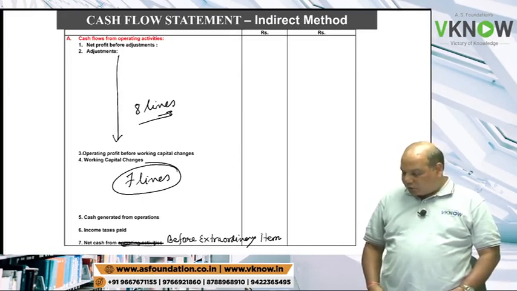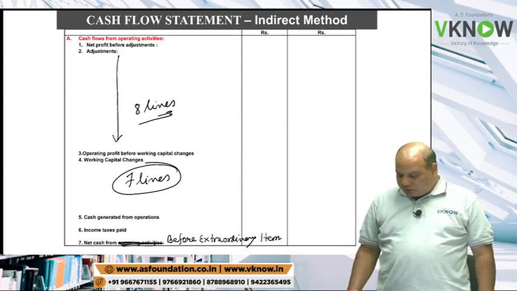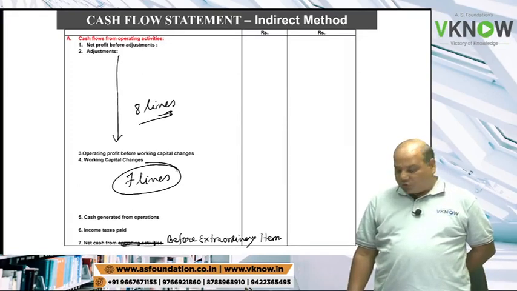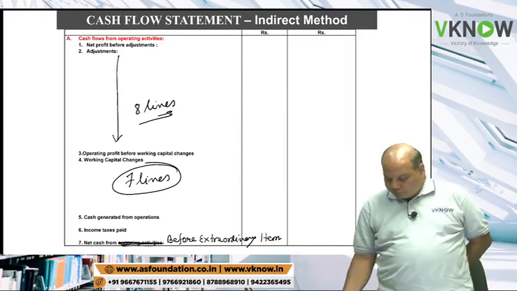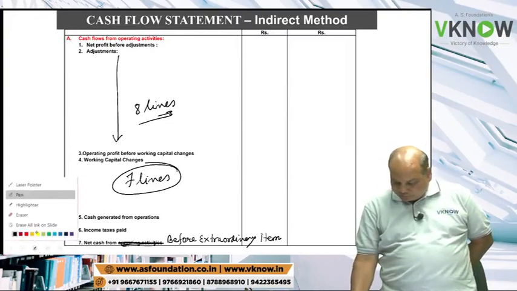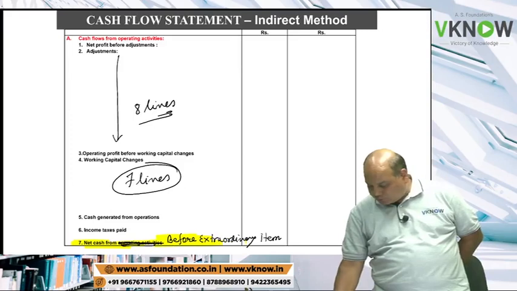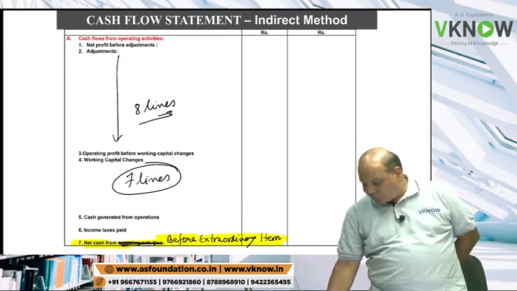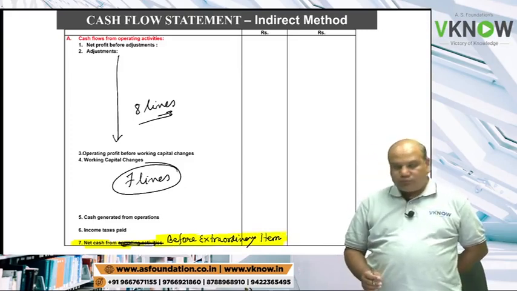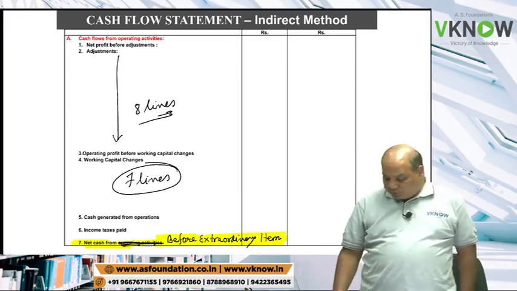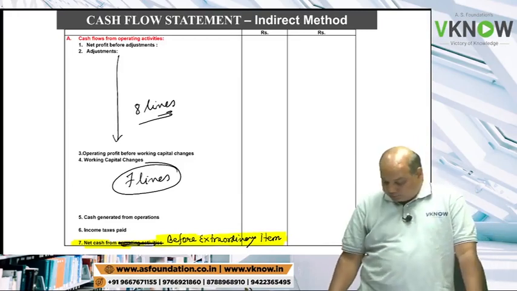Point number 7, write net cash flow before extraordinary item.